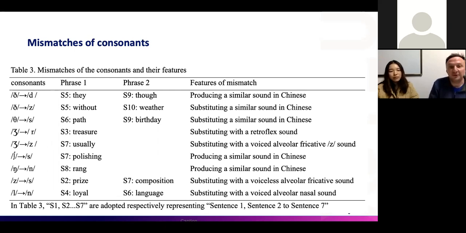Yuting points out that these errors are by no means universal. And they may be more common in some certain provinces. For example, the last one, language, some students may pronounce it as language because in certain provinces in China, I guess in Hunan province, some people cannot distinguish the sound between l and n. But definitely there are people from the province who can distinguish the two sounds.